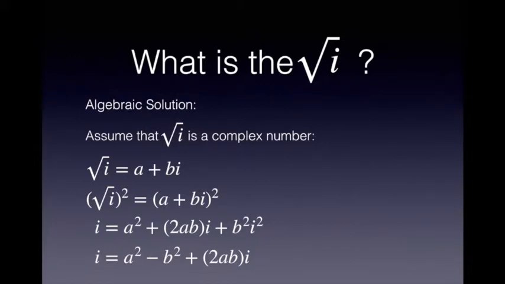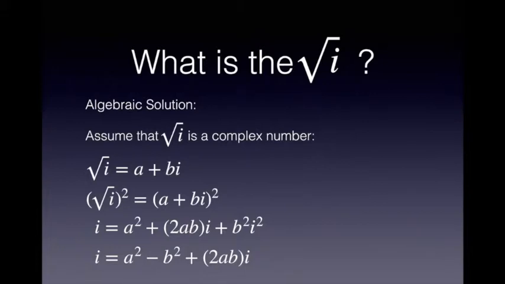Alright, so we're trying to figure out what the square root of i is, and we have no idea where to start, but let's begin by just assuming that it's some kind of a complex number. It might be entirely real, it might be entirely imaginary, or it might be part real and part imaginary, we don't know. But the general complex number has the form a plus bi, where a and b are real numbers, and i, of course, is the square root of -1.